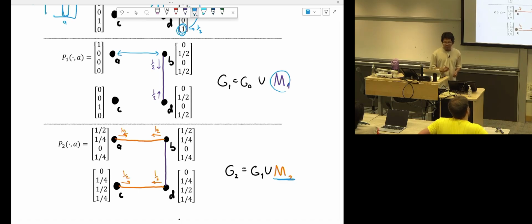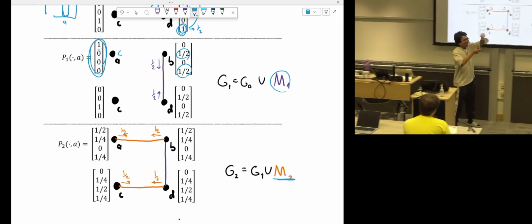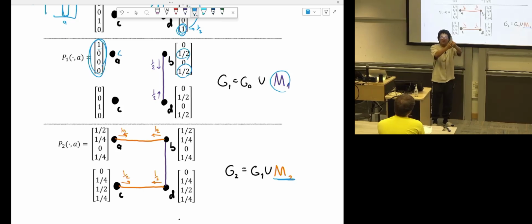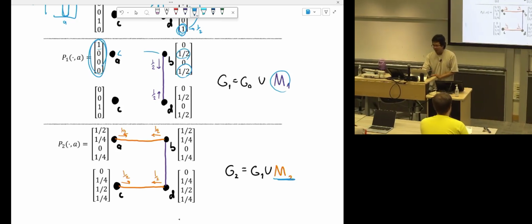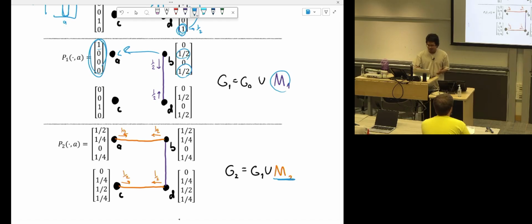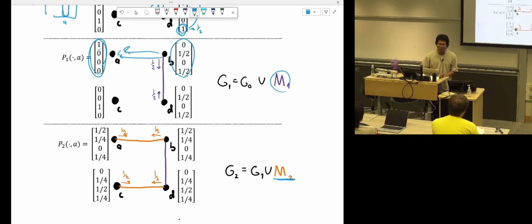What will happen is again, half of this vector will go here, and half of this vector will go here. Because you can think at B there is a mix of particles starting at B and starting at D, but any particle that ends at B will just move to A with probability half. So half of the vector here will move to this, and half of the vector here will move to this.